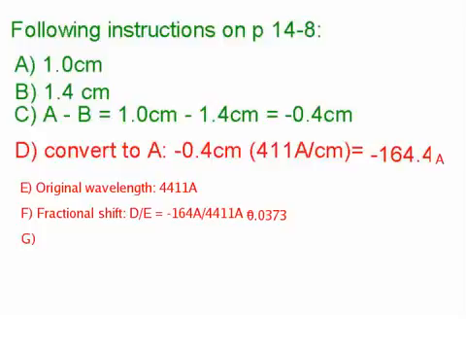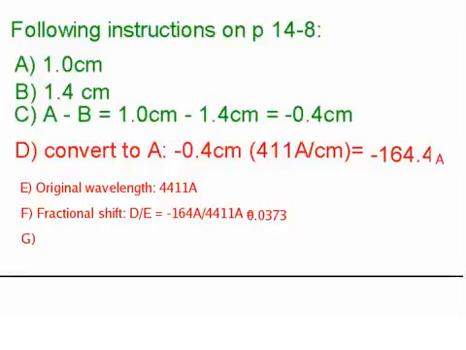If you look at the Doppler formula, depending on the size of the shift, by how much the wavelengths shift, that is directly proportional to the speed of the star.